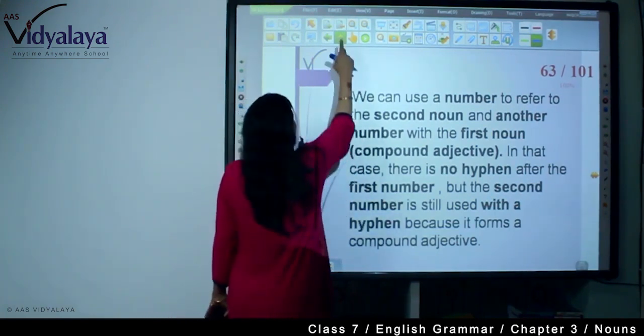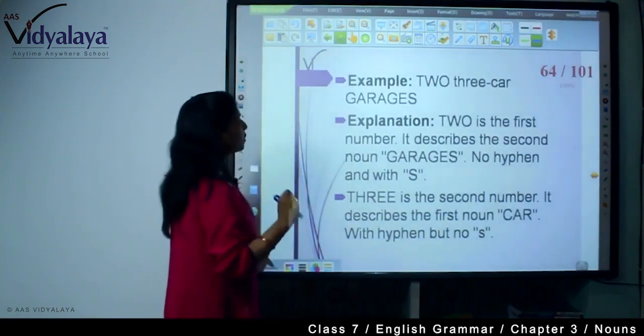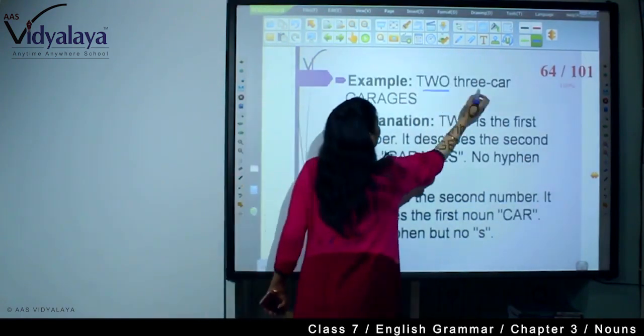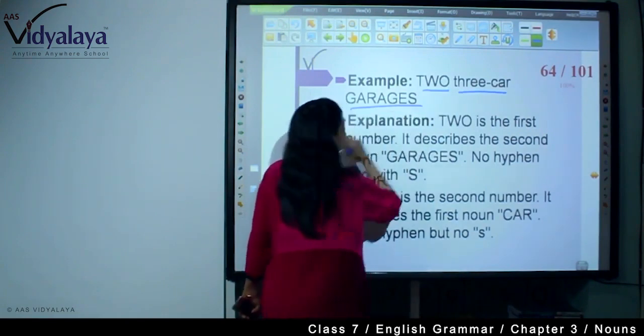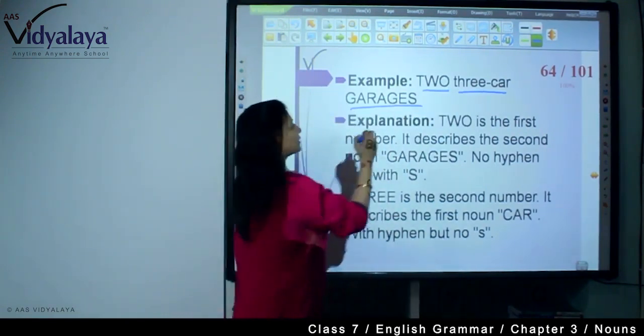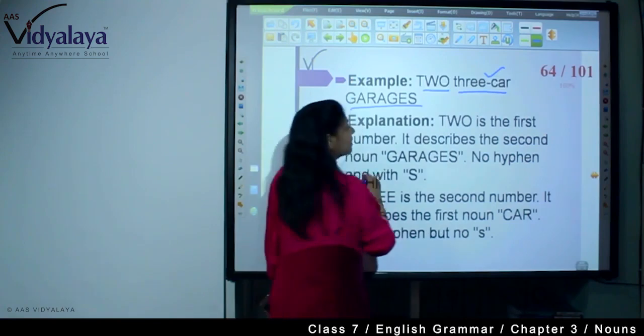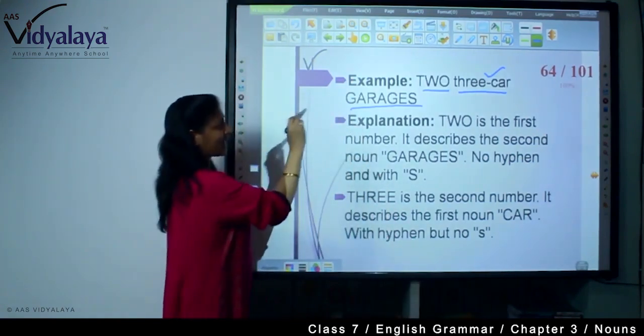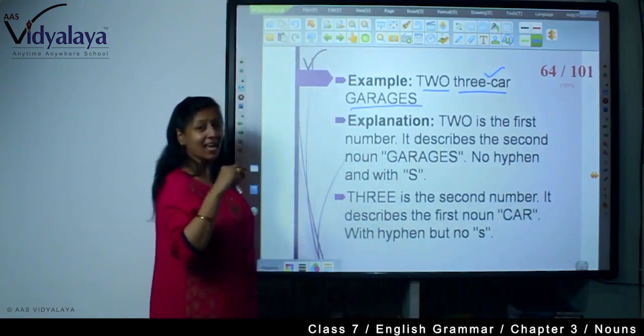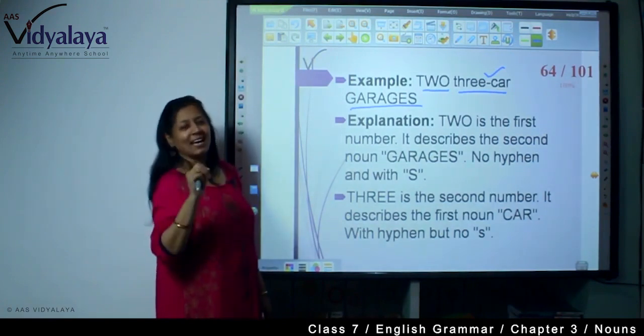For example, 2 3-car garages. See, this 3-car garages from the first example with the hyphen, and I have 2 3-car garages.